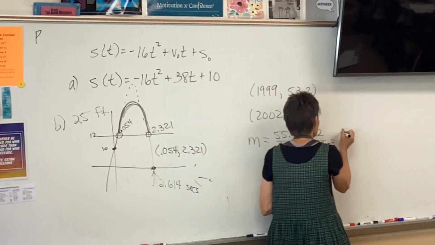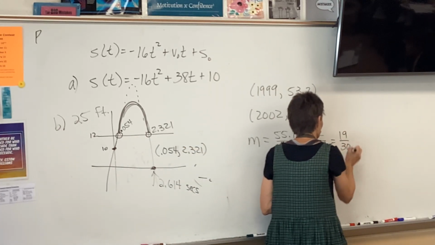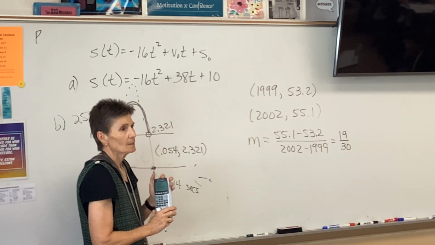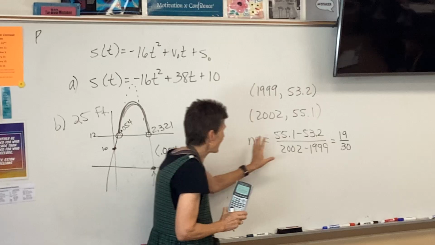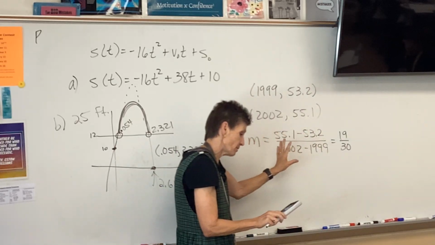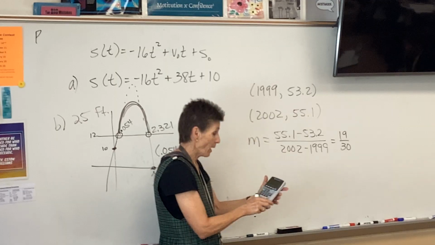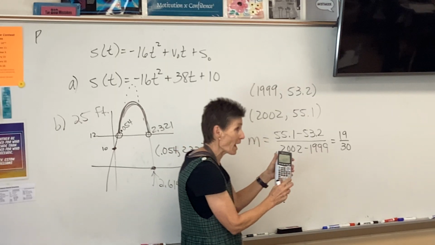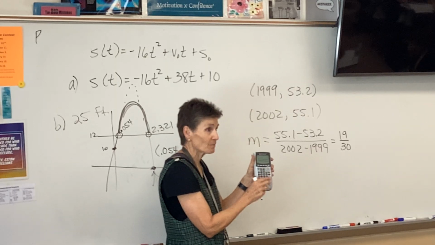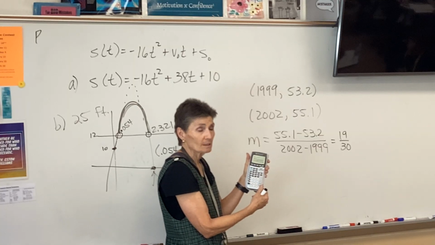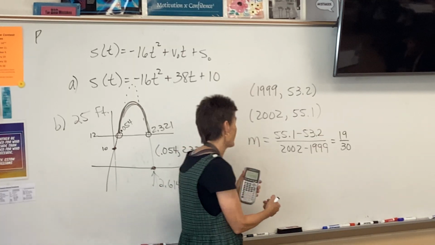I got 19 over 30. I'd rather not round off. So when I calculated this on my calculator, I got 0.63333. So I just math fracked it. Remember how to do that? You just hit your math button and then enter. It will give you the fraction.